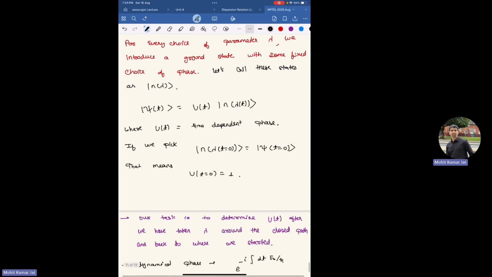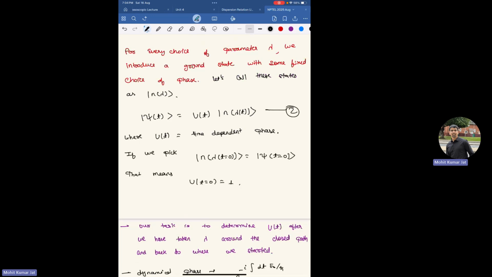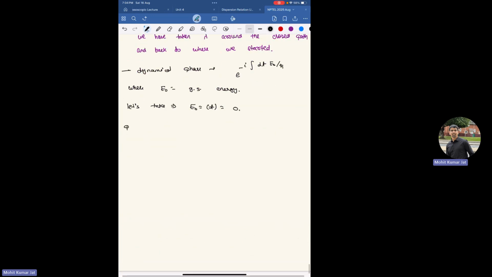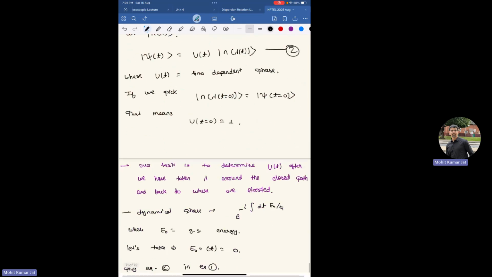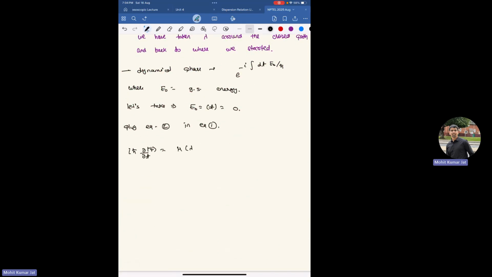So let's plug equation 2 in equation 1. What does it say? i h bar del psi by del t is H, a function of lambda(t), acting on psi. Whatever del by del t gives, let me call that psi dot.